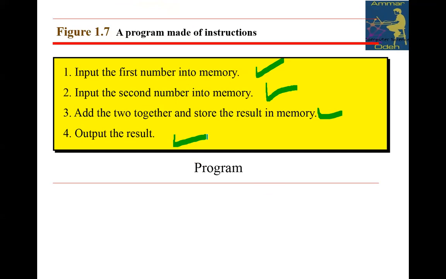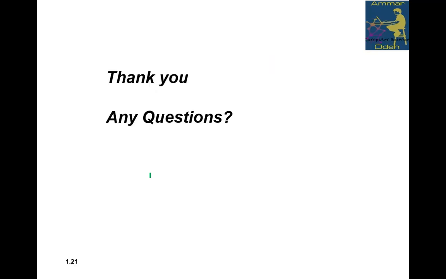So the first step, we're gonna input the data, then input the first number, input the second number, add 2 integers together, store it in memory, then show the result or output the result. This is a systematic way. By this way, the computer can execute the program smoothly without any mistake. Okay, and this is the end of this chapter.